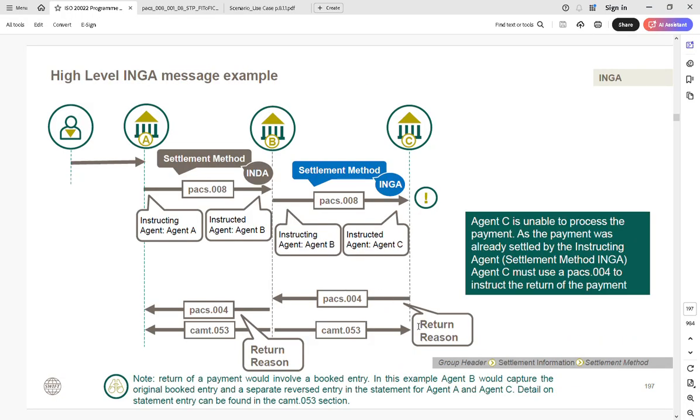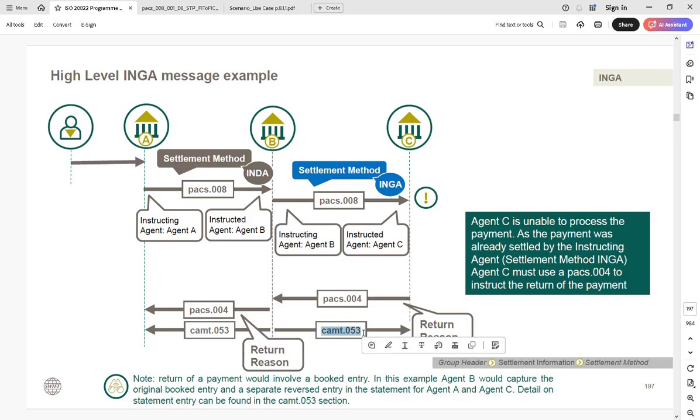If it is returned, then you have to return the payment and send confirmation with CAMT53. The payment has to go back to the originator of the payment. So it will be sent to the originator, bank A here, with the CAMT53 and the same reason for returning the payment. Here it is sent to the debtor, it is sent to the creditor.